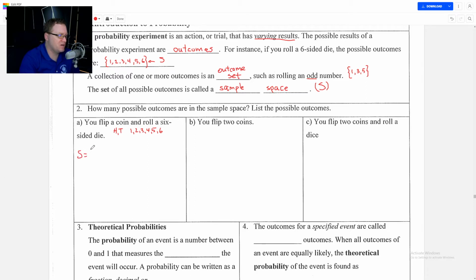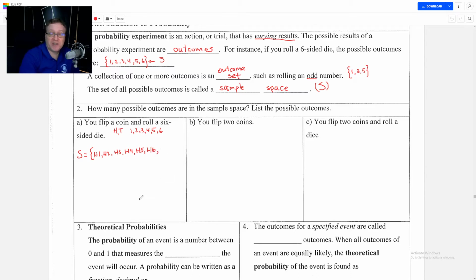But when we do these things together, let's go ahead and write our sample space now. One possible thing that could happen is we get heads on the coin and 1 on the die. Another possible thing is we get heads on the coin and 2 on the die. We could get heads and 3, heads, 4, heads, 5, and heads and a 6.